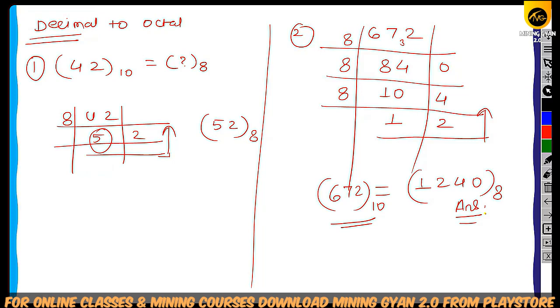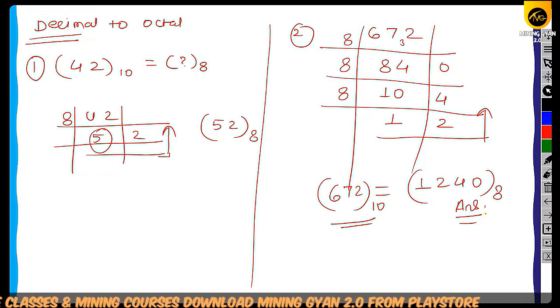To convert into binary, take 2 as the divisor. For octal, always take 8 as the divisor. Similarly, for hexadecimal, we have to take 16 as the divisor. One more example for decimal to octal.